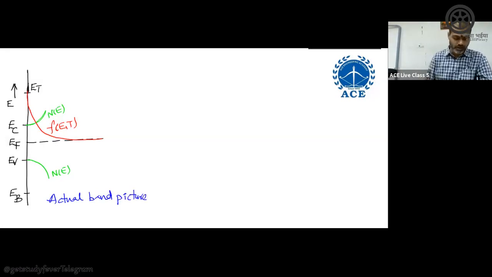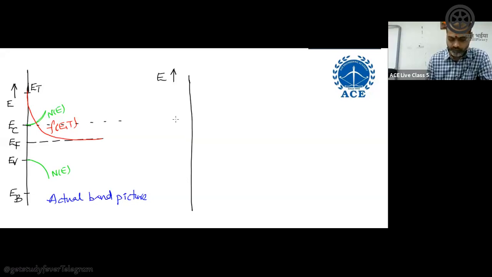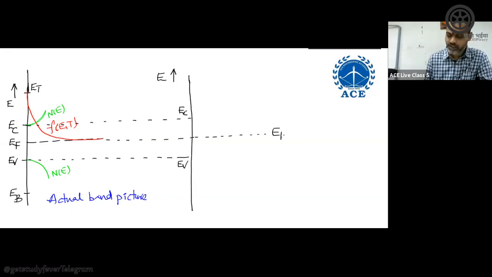Now we'll try to draw the effective band picture. Again, the y-axis is electron energy. Now this is EC, EV, and this is EF.